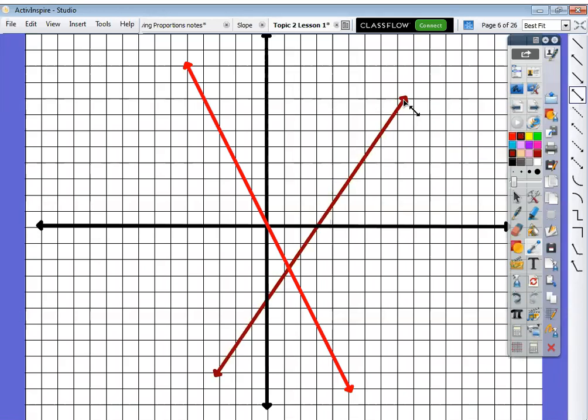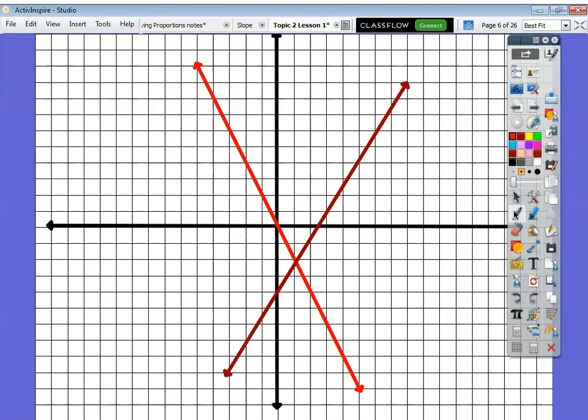Okay, all right, so hold on, I'm going to throw in one more line here. I'm going to go to here. Okay, so if I look at this, if we go down right there, my line crosses my y-axis at that point. Well, that point on my y-axis is -1, -2, -3, -4.